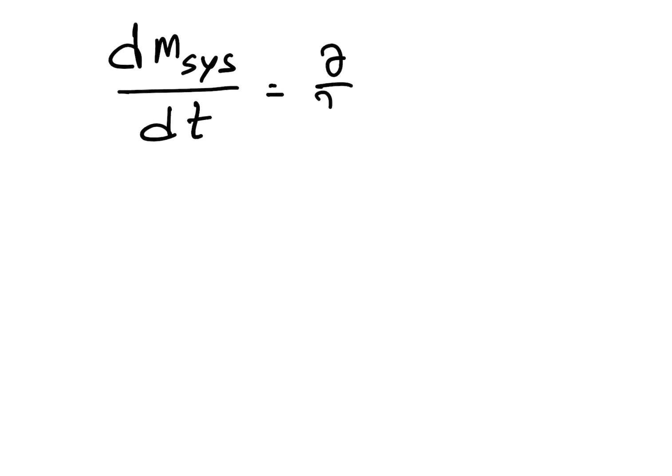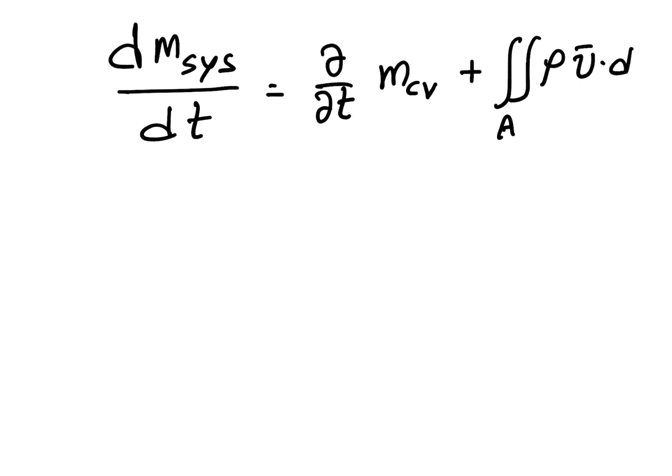So we take our Reynolds transport theorem, which is dm system over dt equals the partial derivative of the mass that's within the control volume plus the integral over all the control surfaces, or all the inlets and outlets, of rho times v dot dA. Now what is m CV?